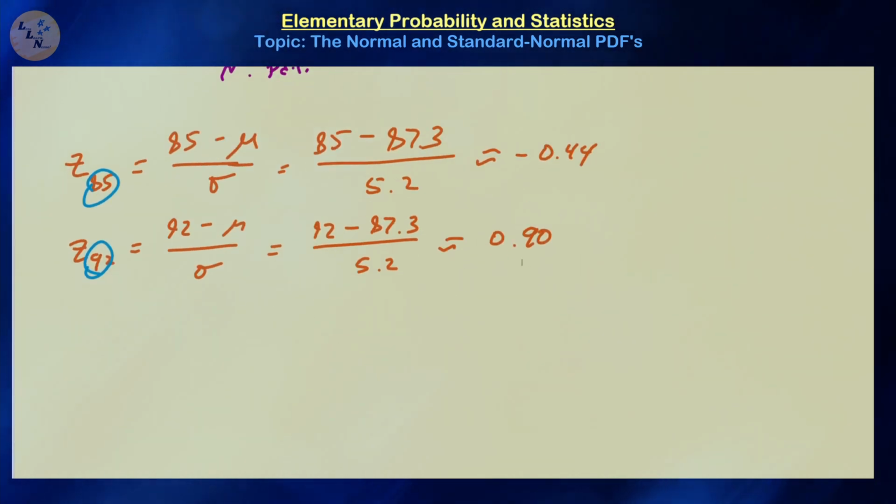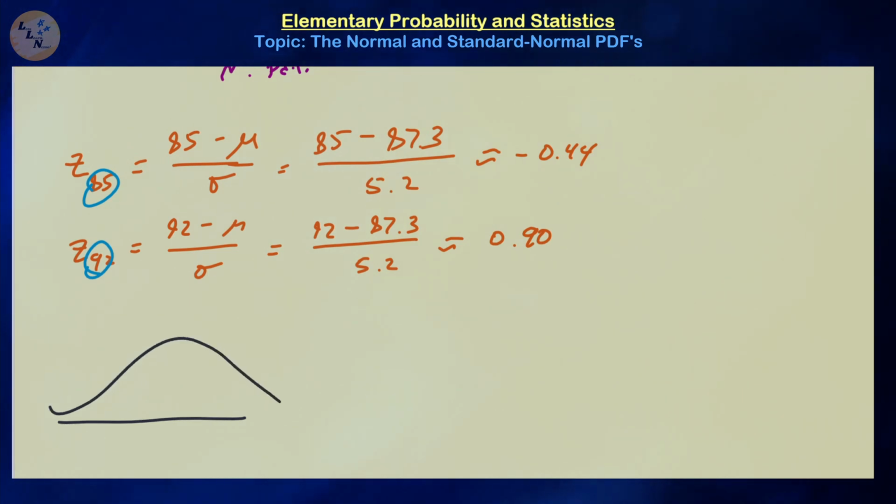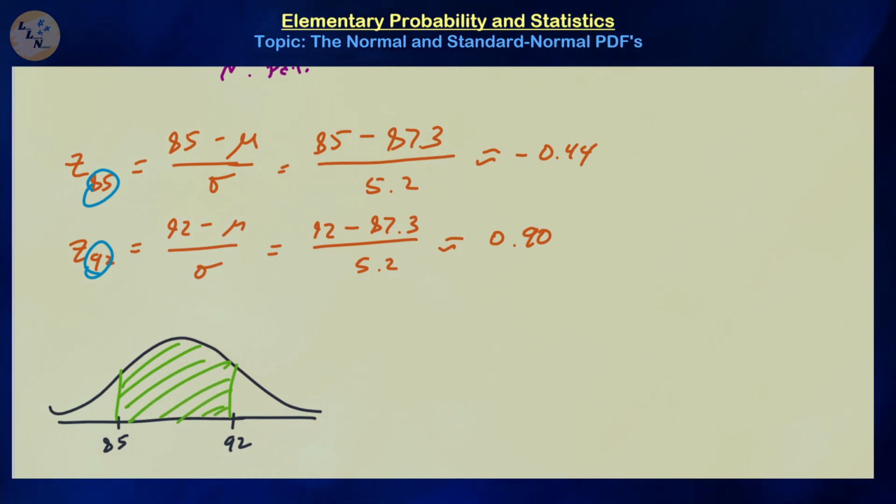So what are the differences or similarities between using the normal versus the standard normal? In the normal world, we're interested in 85 to 92. So we could use the normal distribution and find this area. This is the normal PDF.